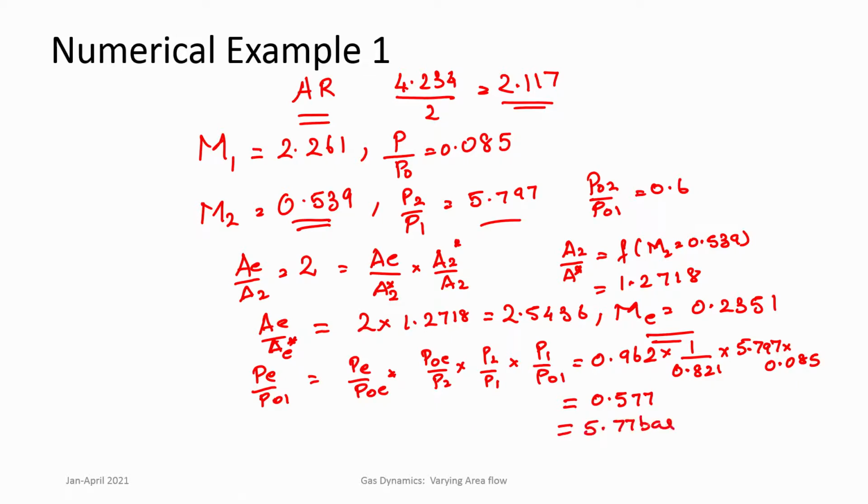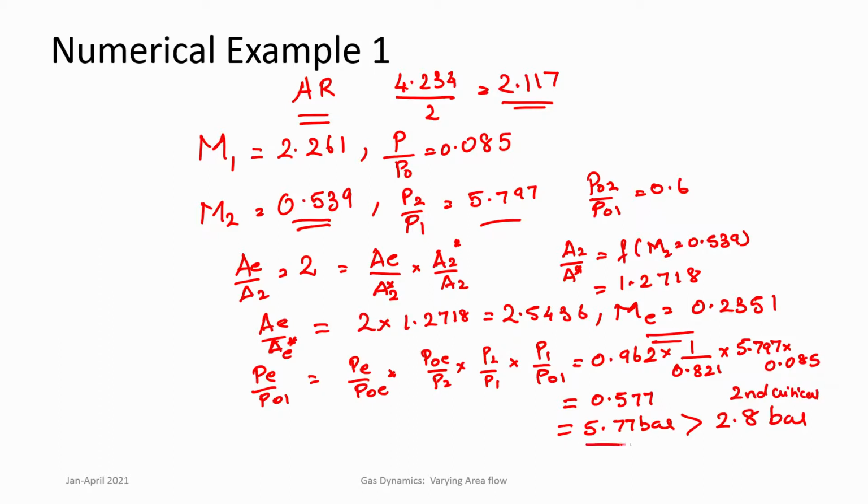So you can see that this value is greater than the second critical point, the value for the second critical point, where it was just after the shock at the exit.